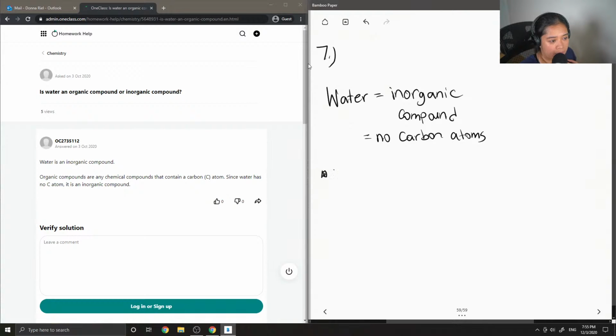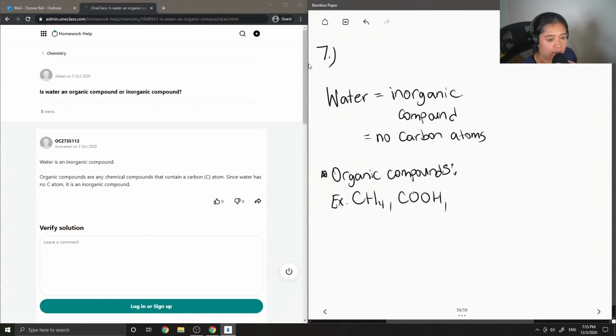So some examples of organic compounds would be like methane, or pretty much anything containing a carbon, even like a benzene ring.